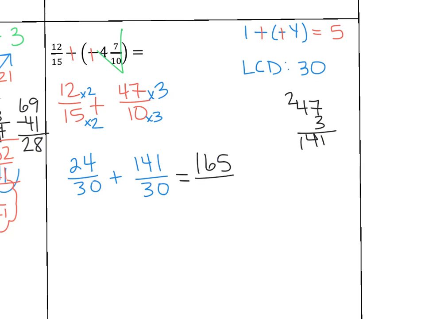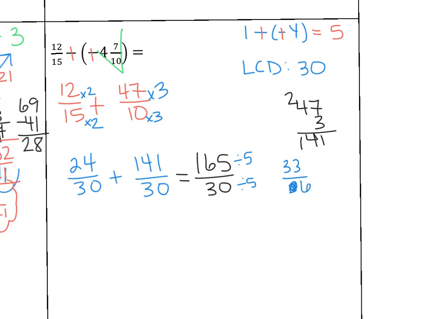Get 165 over 30. This can be simplified before it's made into a mixed number. 5 can go into both of those. 5 goes into 165 33 times. Oh, and 5 goes into 30 6 times.